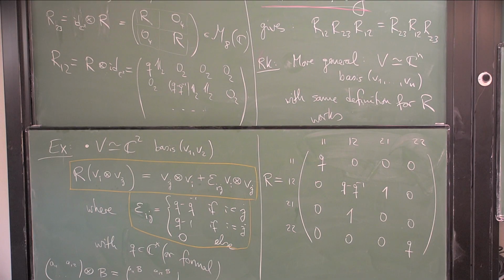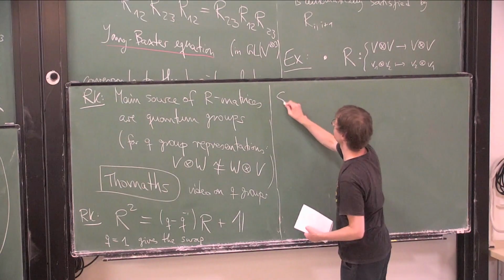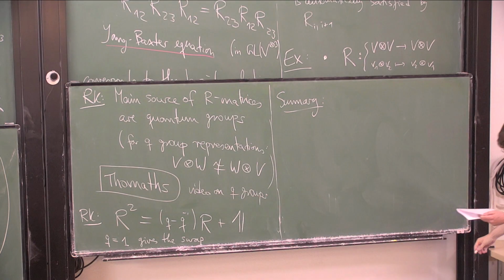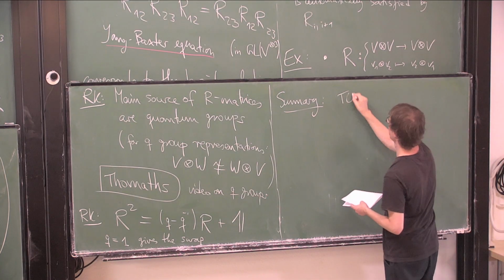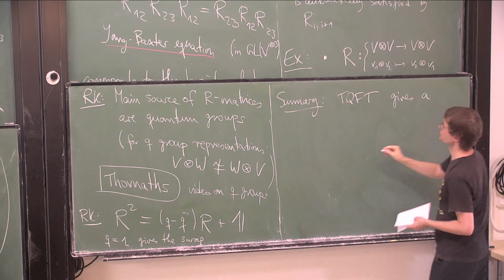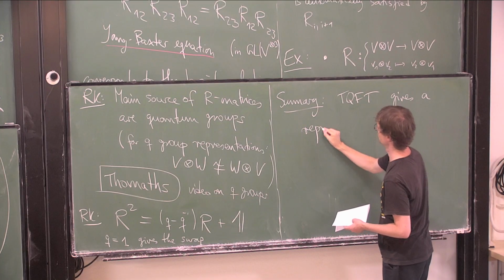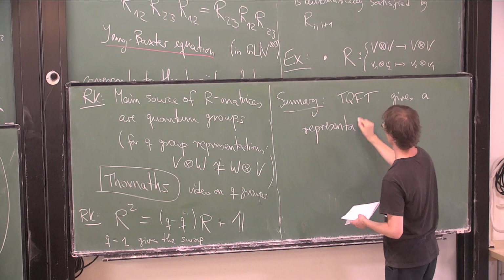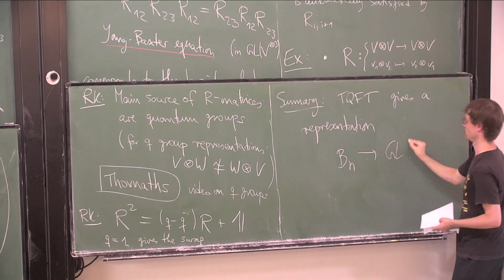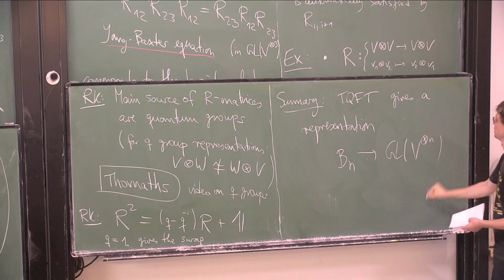Okay, to sum up what we have done: a TQFT gives you a representation of B_n into GL of V tensor n for all n.